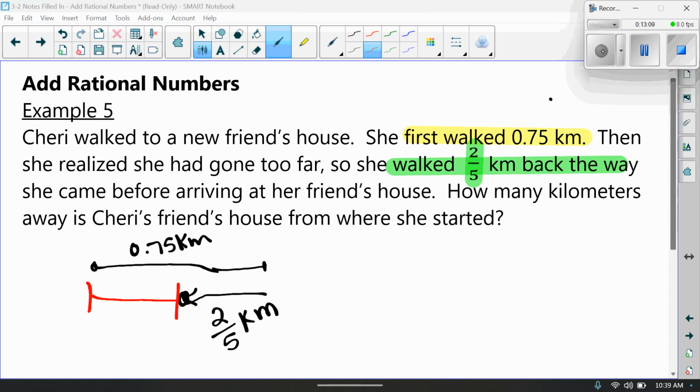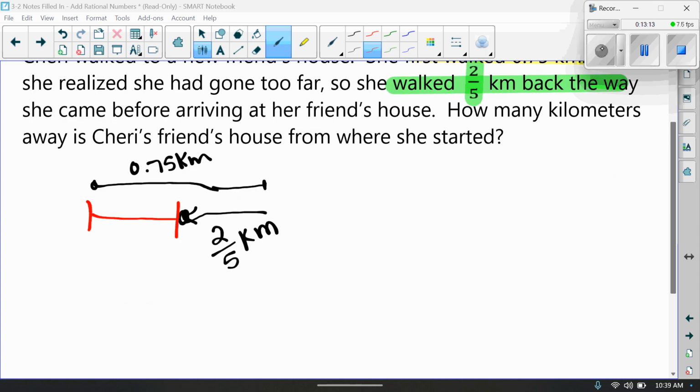So can anybody tell me what the subtraction problem is going to say? Very good. So here is our problem. We've got 0.75 minus 2/5. Hello, those are two different kinds of numbers. What can I do here?